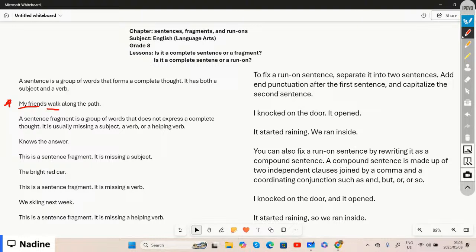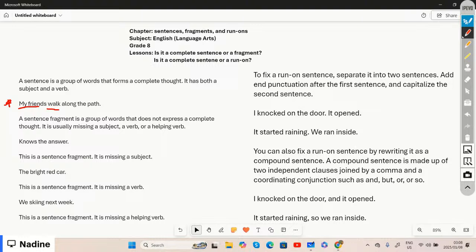And then we have a sentence fragment. If a sentence expresses a complete thought and has both a subject and a verb, that makes a complete sentence. But now we have a sentence fragment.